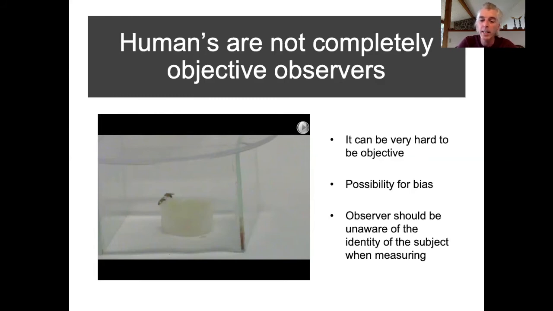As a result, this can introduce bias into our measurements, either because of our preconceived expectations about how organisms should respond to treatments, or in some cases, a reverse bias, where we're so concerned about biasing the data in the direction that we think the results will go, that we actually cause a bias in the opposite direction that might counteract any effect that we're trying to document, just because we want to be extra careful to not be biased. The solution to this problem is to make sure that observers collecting data are always unaware of the treatments that those subjects have experienced prior to the measurement.